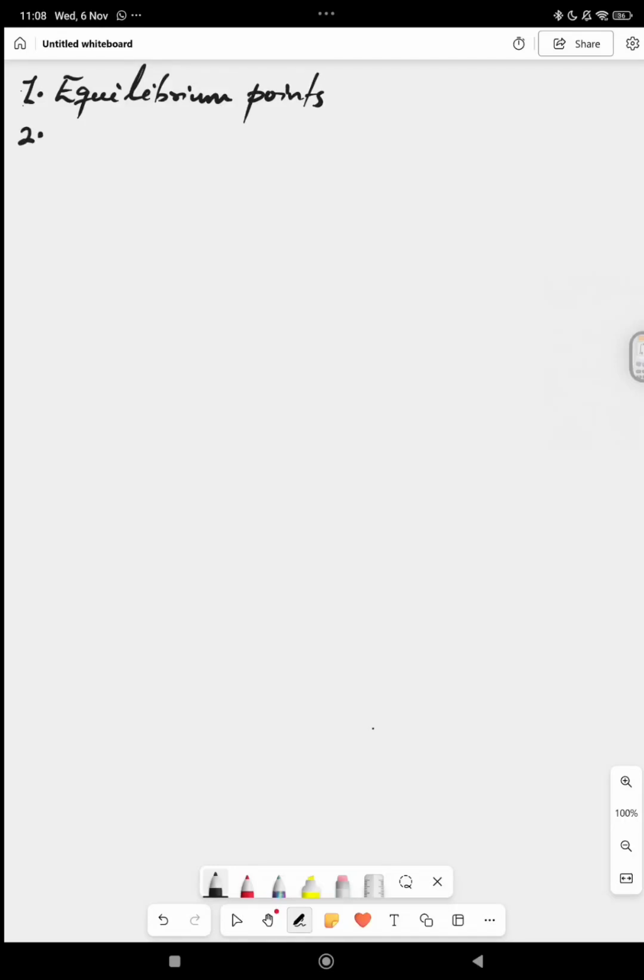The second thing you have to find are your eigenvalues. Then you find your diagonal matrix, which is given by D. Fourth, you have to find your eigenvectors.